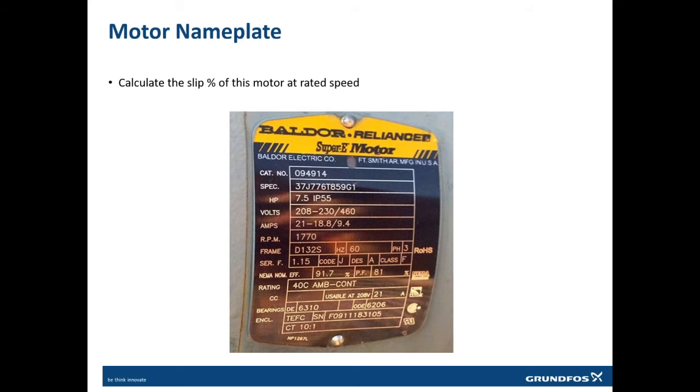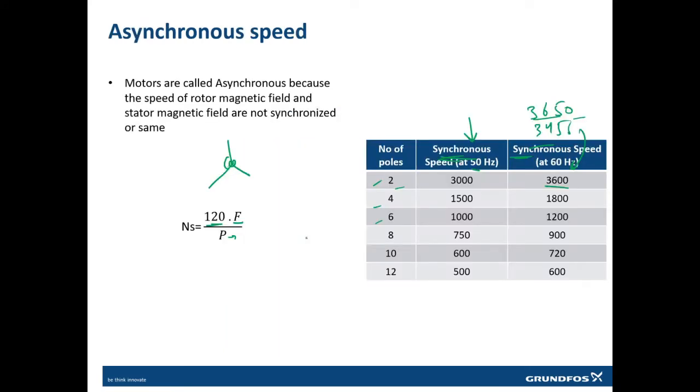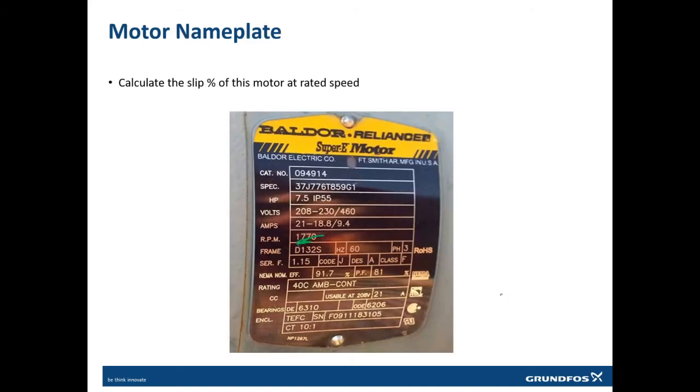If you see here 1770, this is the motor speed, but by default it should be 1800. So 30 rpm was required to first make the rotor a magnet. Once it is a magnet, then it starts rotating. But this process happens throughout the rotation.